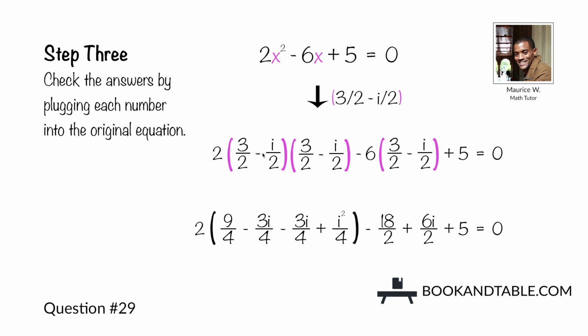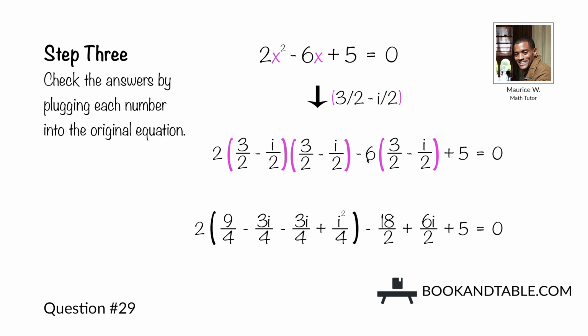Then we have negative i over 2 times 3/2, which is negative 3i over 2 times 2, which is 4. Then we have negative i times negative i, which is positive i squared, over 2 times 2, which is 4.